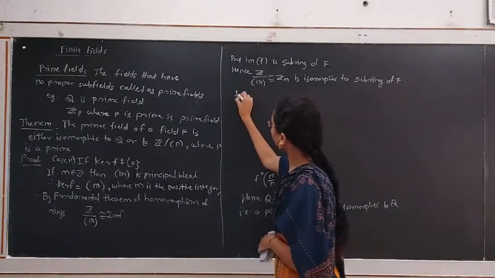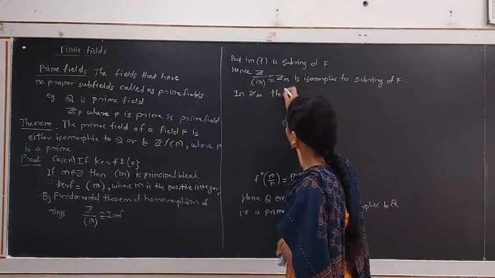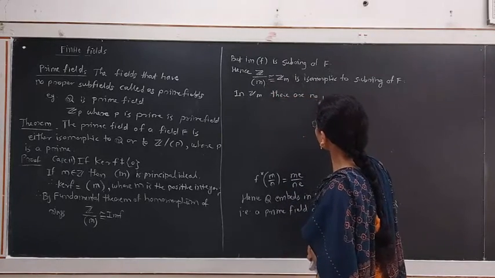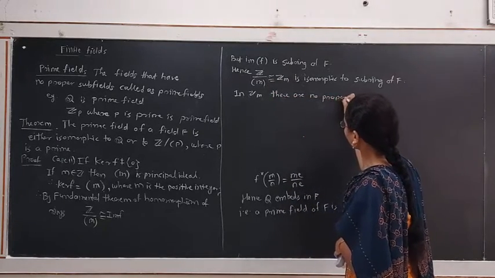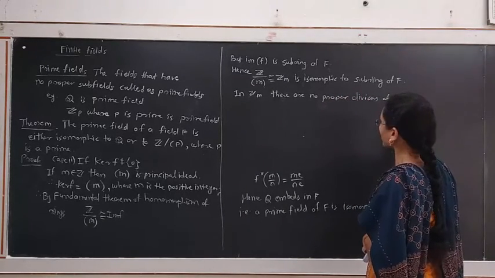In Zm there are no proper divisors of 0.